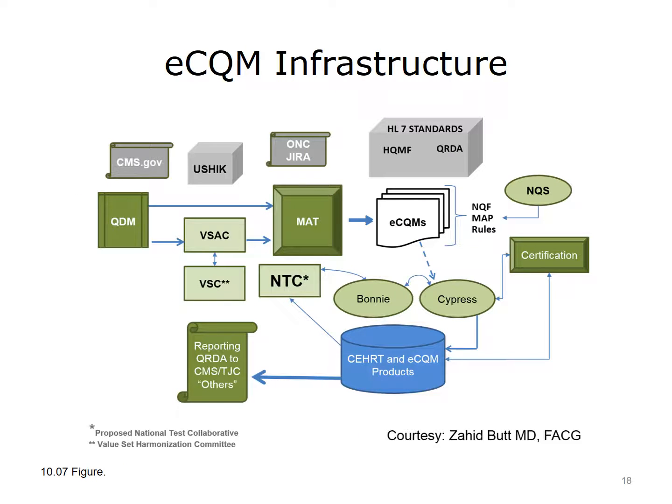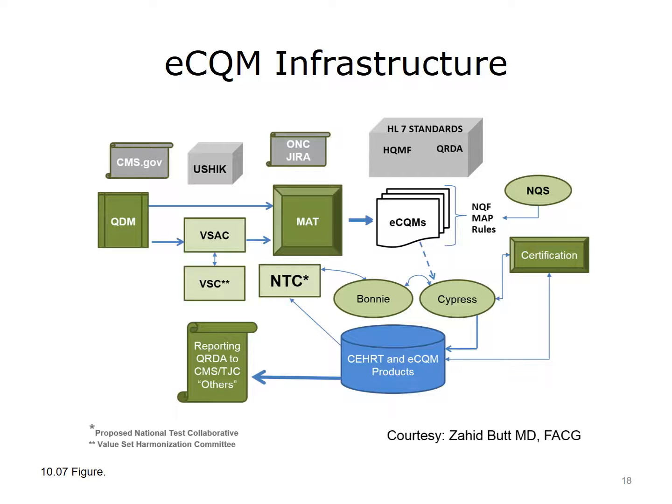This slide shows the evolving national eCQM infrastructure to support eCQM development, testing, implementation, and certification of CEHRT quality modules. The components of this system include QDM, Quality Data Model, which is the underlying logical data model to support eCQM specifications in Health Quality Measures Format, HQMF.